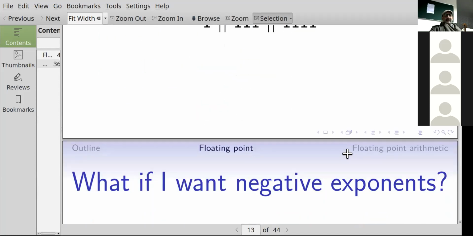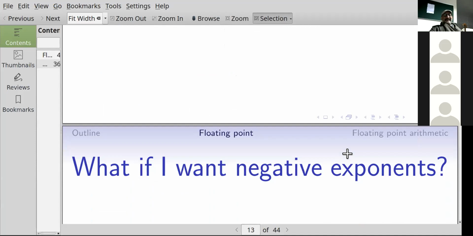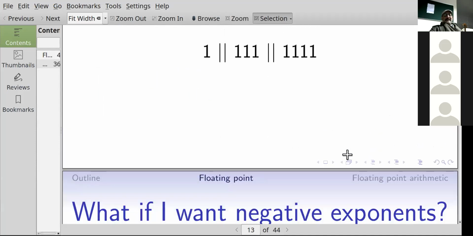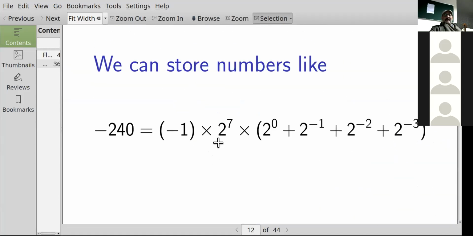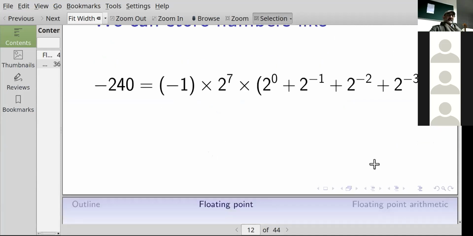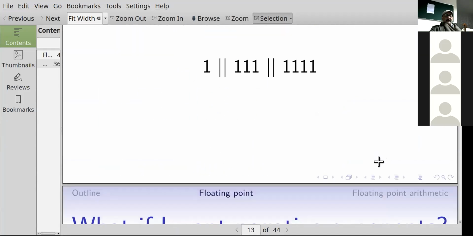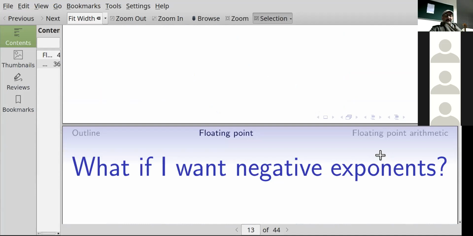All right. Now, what if I want negative exponents? I don't want to multiply by 2 to the 7. What if I want to multiply all of this by 2 to the minus 3? Okay. So here's one way to get negative exponents.